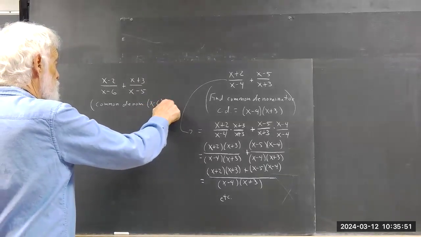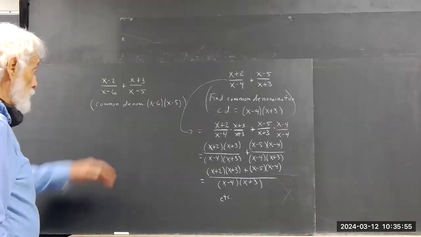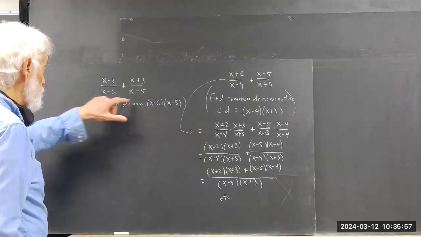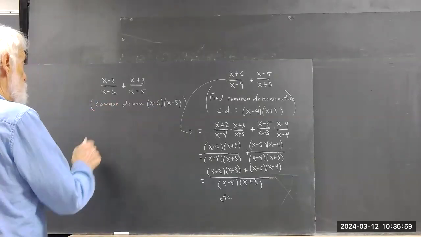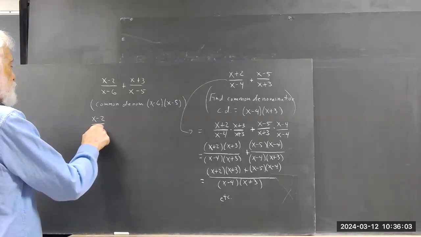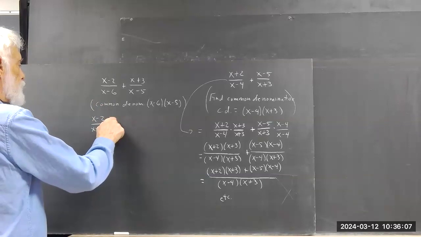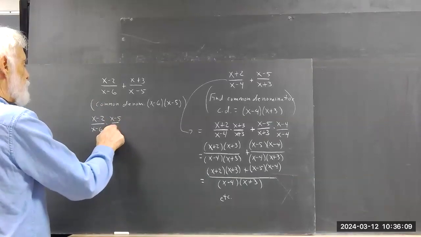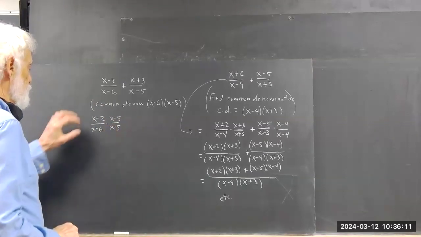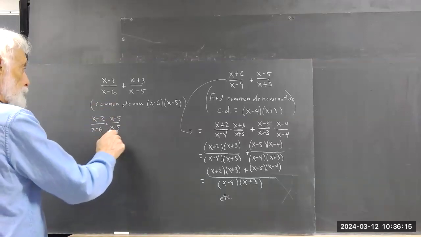Or just imitate what you see. Make sure you understand what you're doing. Okay. Find the common denominator here. So now we multiply x minus 2 over x minus 6, and people have this step correct, by x minus 5 over x minus 5, which is a multiplication by 1. Doesn't change the value, just changes the way it looks.